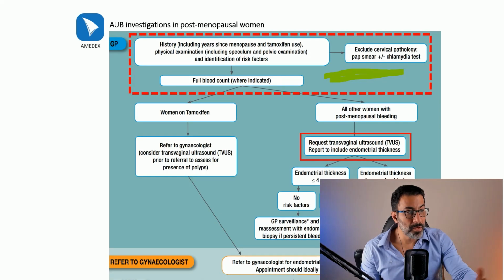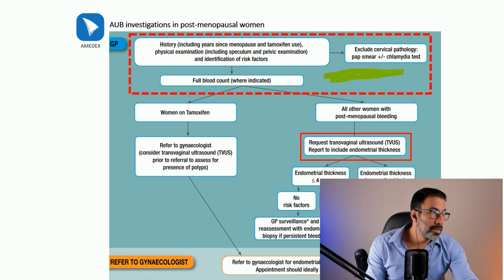And if the lady says yes, we want to refer her directly to a gynecologist. Long-term use of tamoxifen means endometrial hyperplasia, and endometrial hyperplasia means increased risk of cancer.